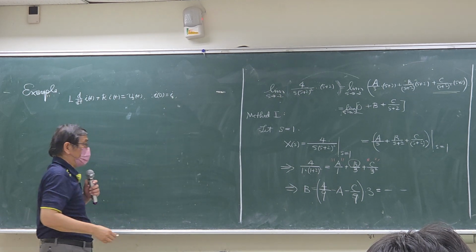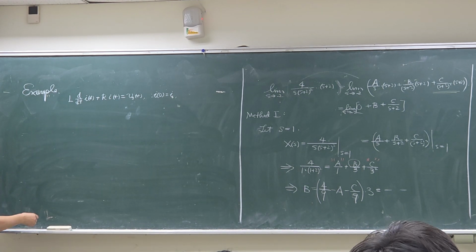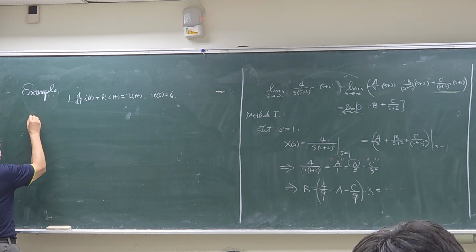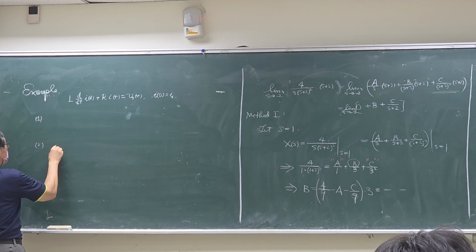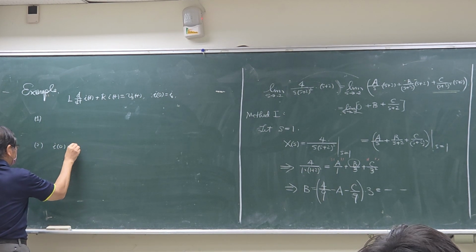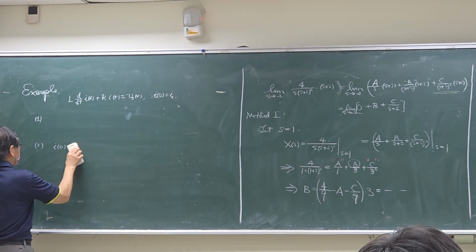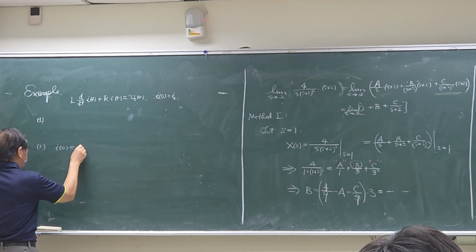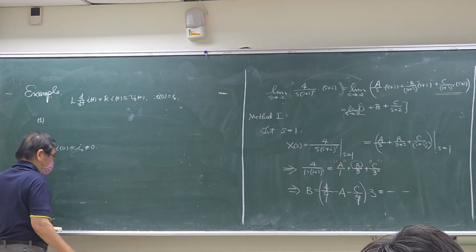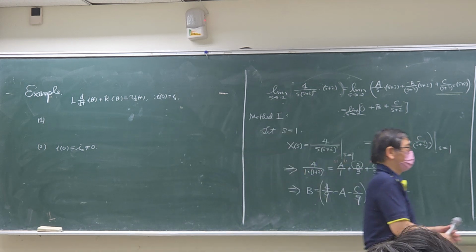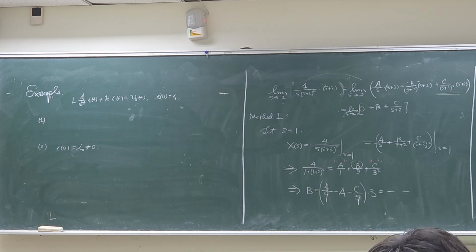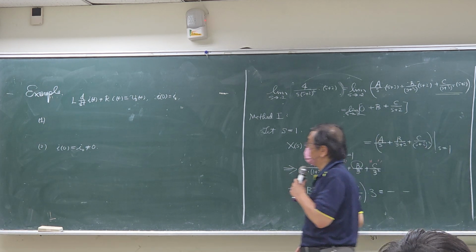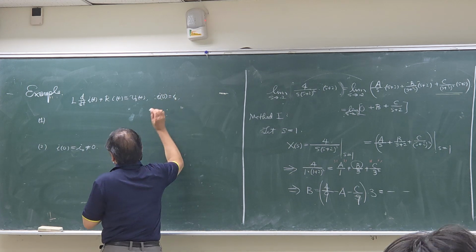Last time I only solved part of this differential equation, so let me finish it. I've done the first one. For the second one, suppose the initial value of I0 is non-zero. The initial value at 0 minus, that's fine.